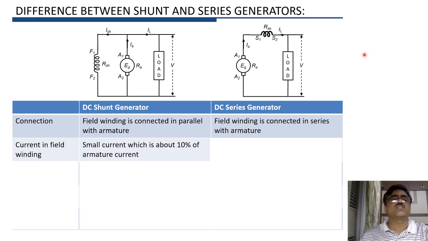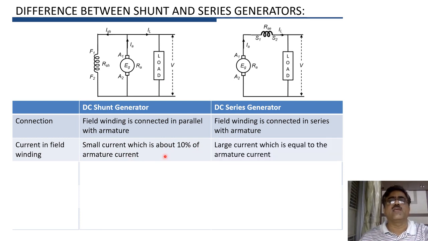So in case of shunt generator, field current is small and it is about 10% of the armature current, whereas in case of DC series generator, field current is large and it is equal to the armature current.